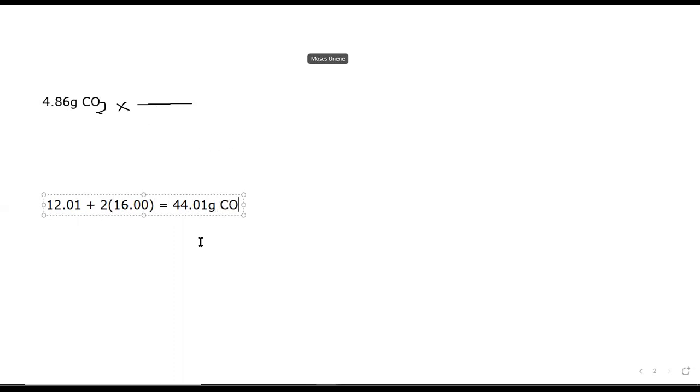So that's what we're going to use. We're going to use this mass here.